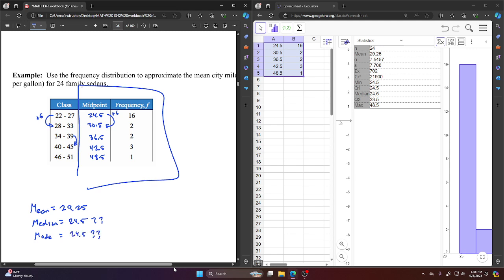I'm going to put question marks again for just a second. Are y'all okay with the mean? 29 point something makes sense as an average, because there's a whole bunch in that 20-something category.